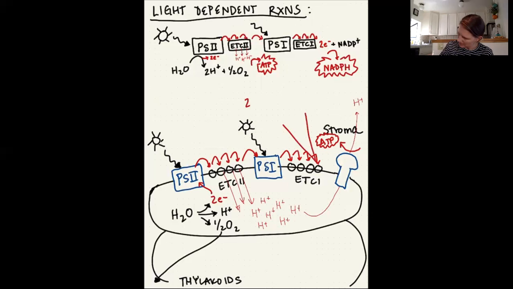The electrons in ETC1 are going to join with the final electron acceptor, which is going to be NADP+, to create NADPH, also in the stroma.